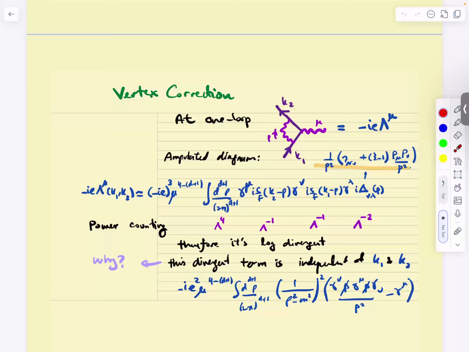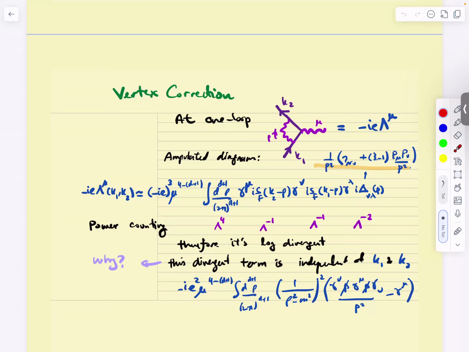You subtract 2 terms to see the running. You have to appropriately interpret this. In this case, we interpreted the Z3 as a renormalization of charge. Here, it is a renormalization of mass, renormalization of the wave function. Unfortunately, we won't have time in this course to do renormalization properly, but there's a whole theory that takes care of all of this stuff.